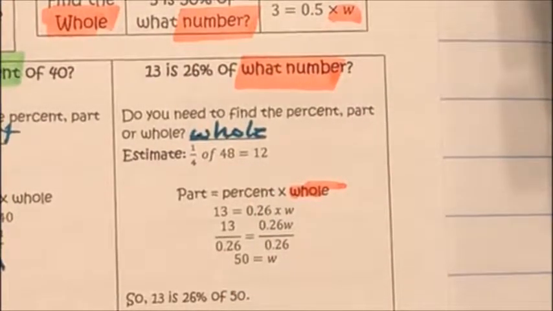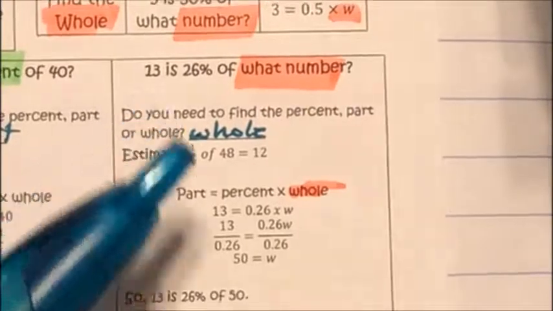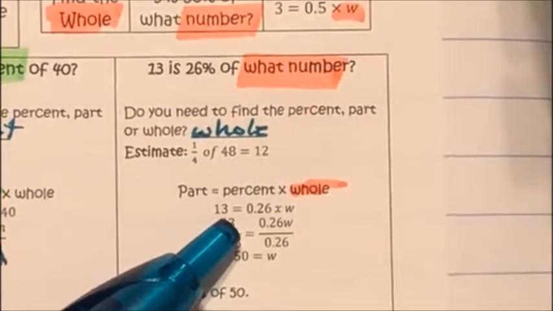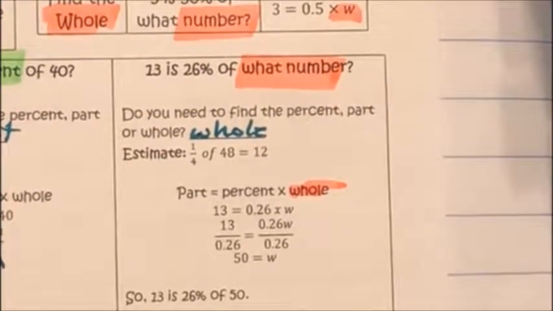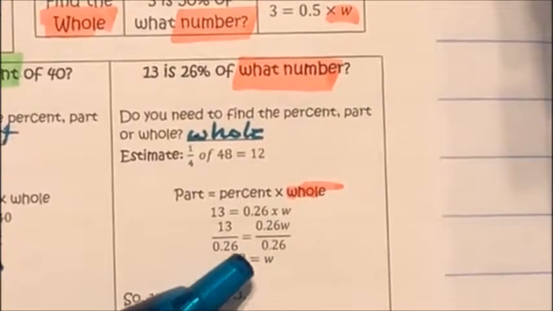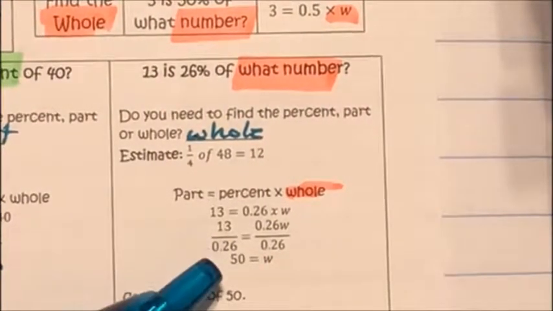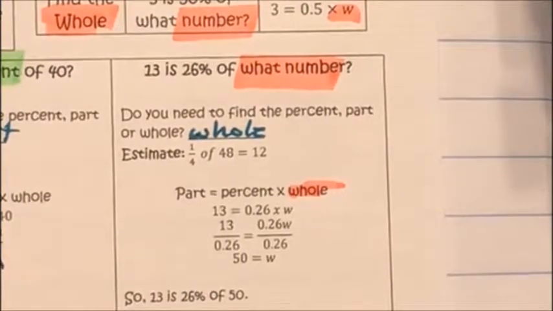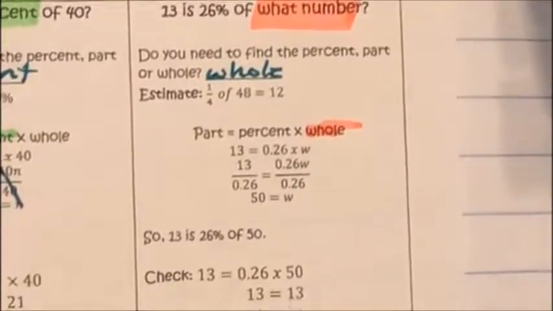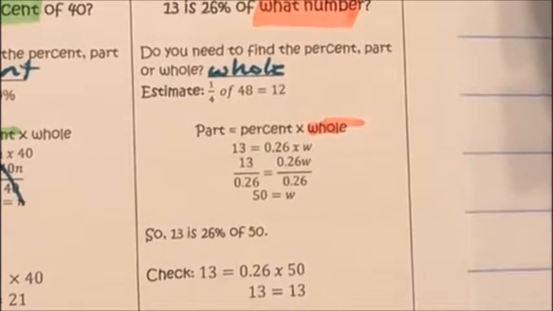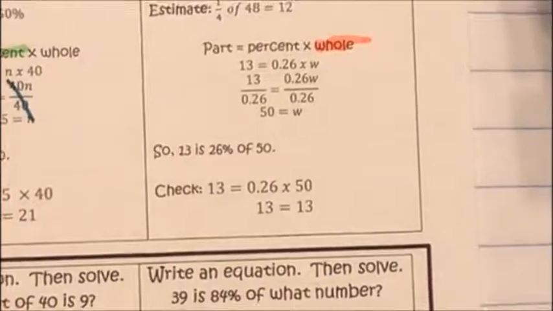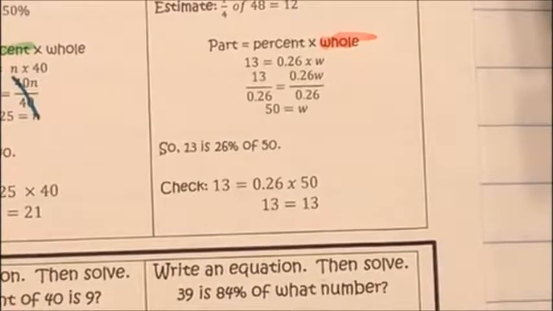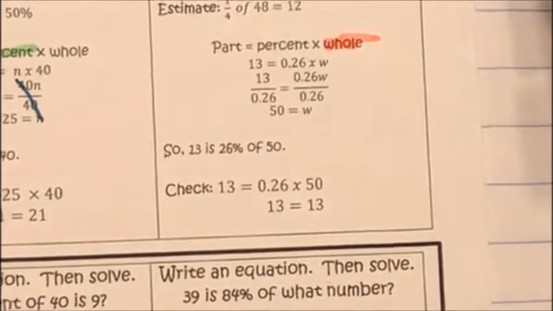So my part is 13. 26% I change to a decimal, so 0.26 times W. Then I divide both sides by 0.26. 13 divided by 0.26 gives me 50, so 50 equals W. So 13 is 26% of 50, okay? So you can go ahead and check it out, make sure it works, plugging it back in.